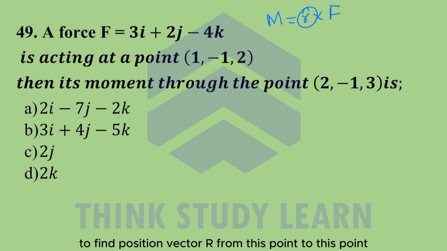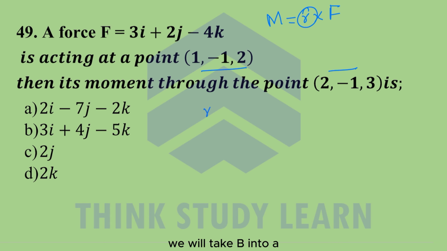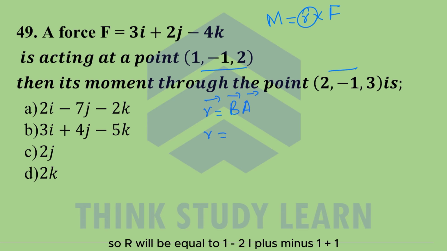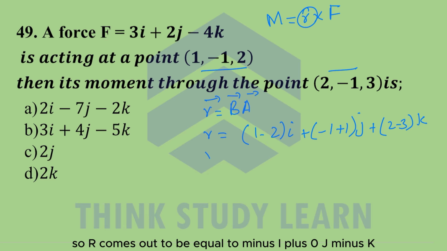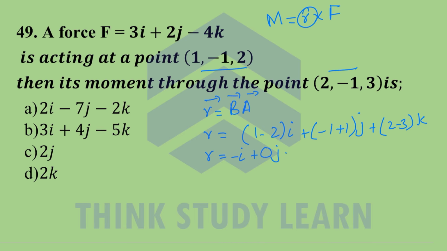To find position vector r from this point to this point, we will take B minus A. So r will be equal to (1 minus 2)i plus (minus 1 plus 1)j plus (2 minus 3)k. So r comes out to be equal to minus i plus 0j minus k.